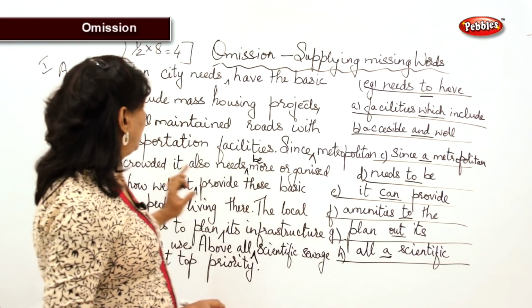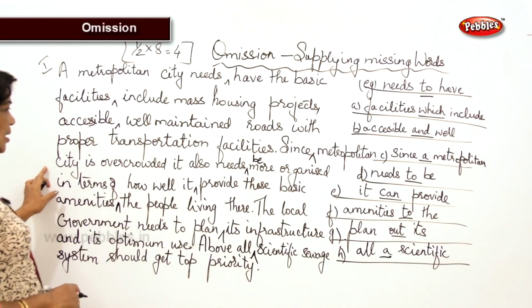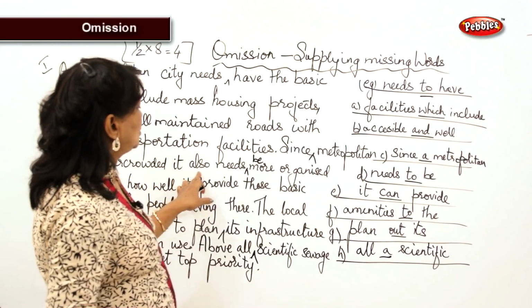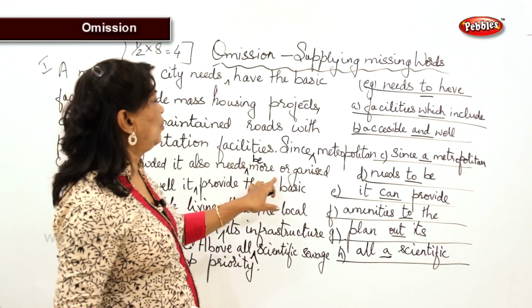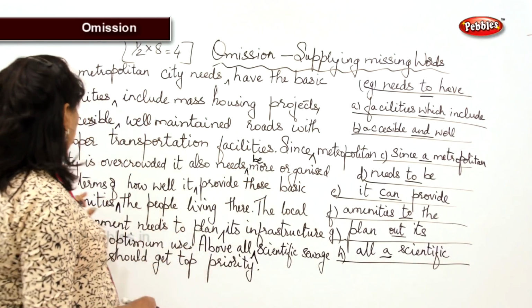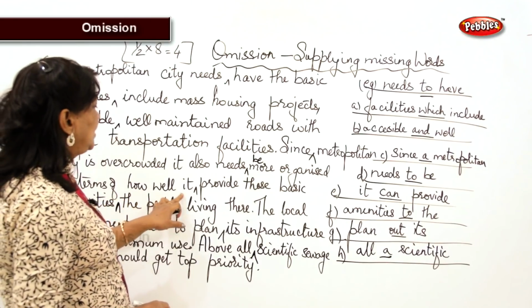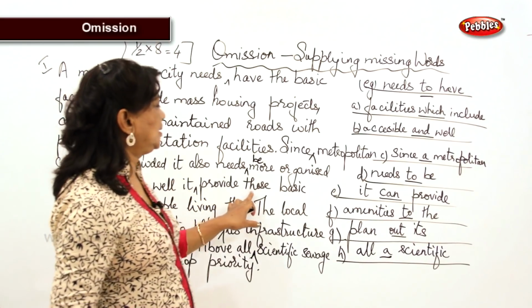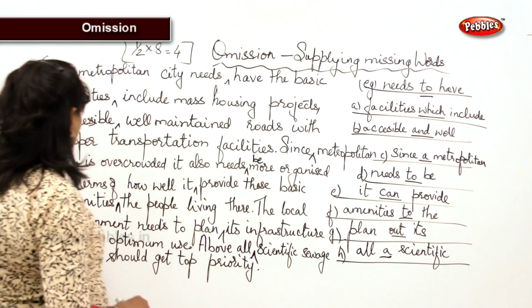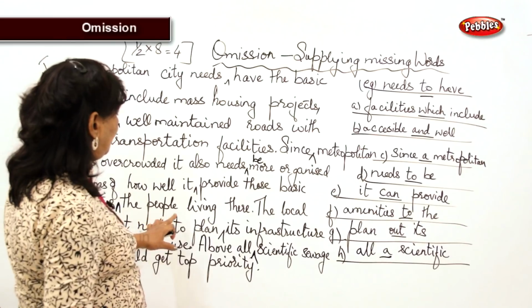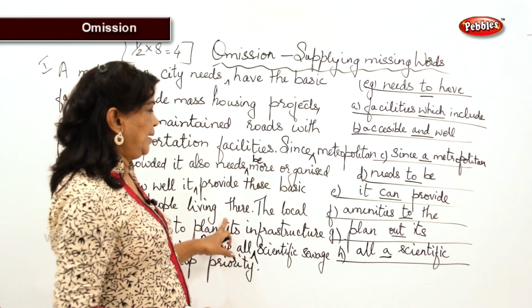Since a metropolitan city is overcrowded, it also needs to be more organized in terms of how well it can provide these basic amenities to the people living there.